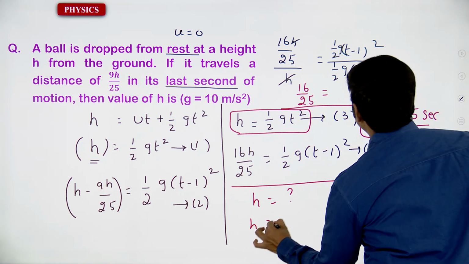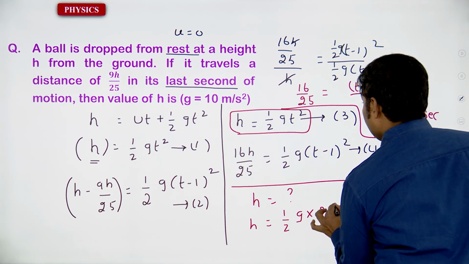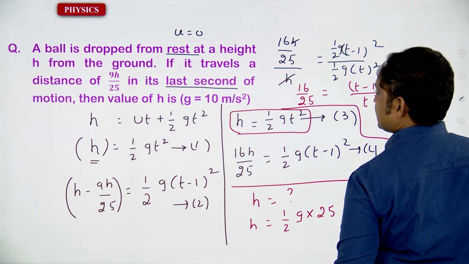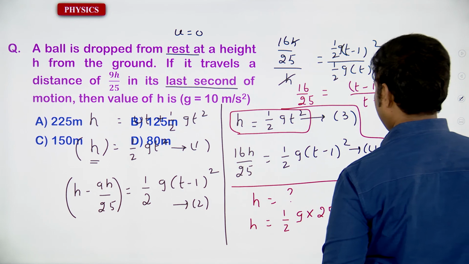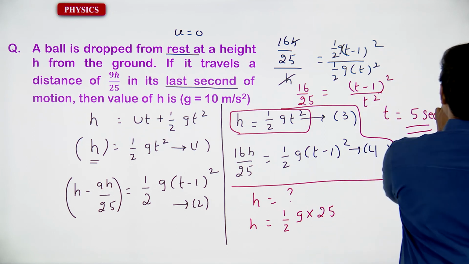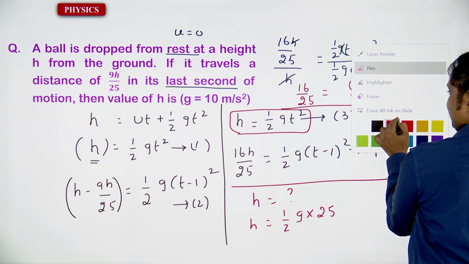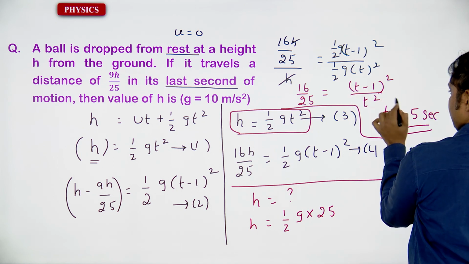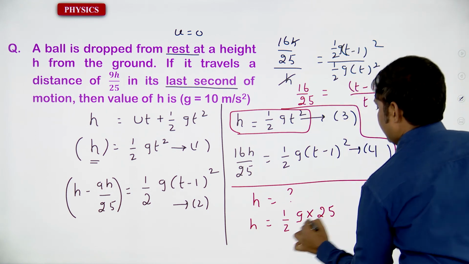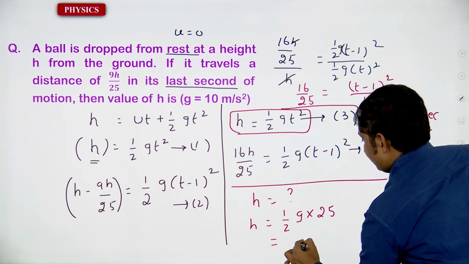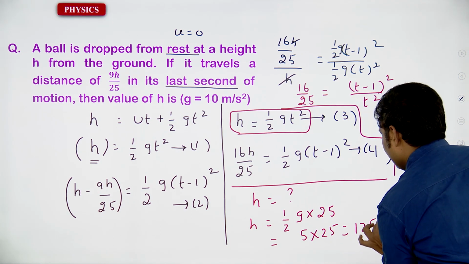Therefore, h is equal to 1 by 2 g into 25. Taking g is equal to 10, that is 5 into 25, which is 125 meters.